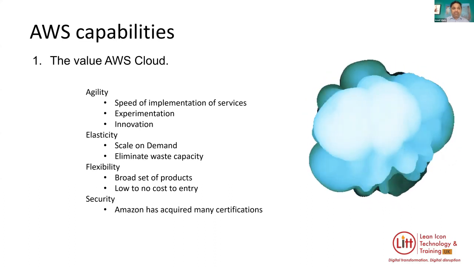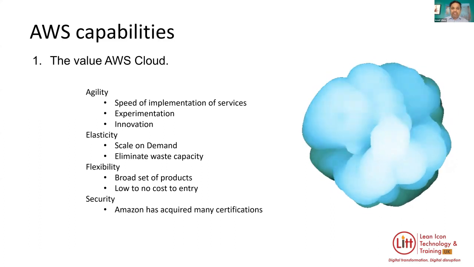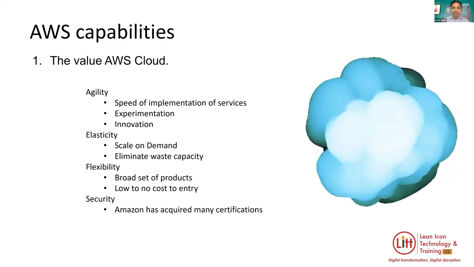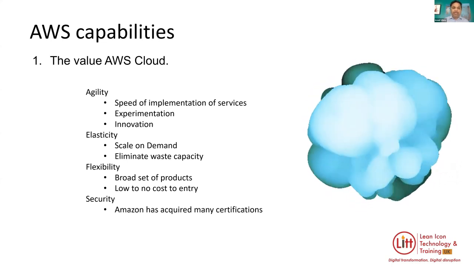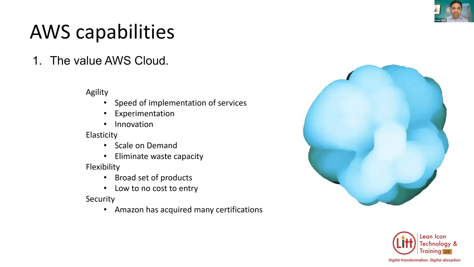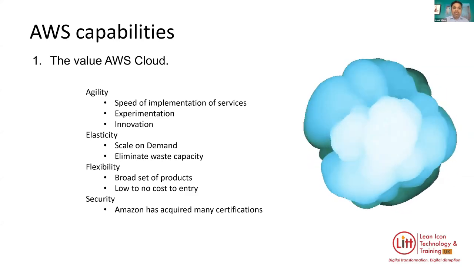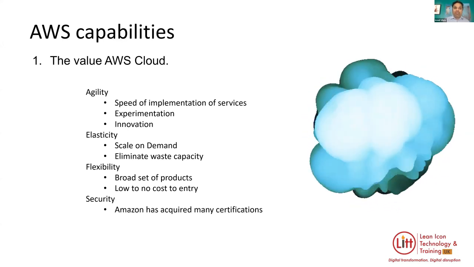Then comes security. With AWS, there is a lot of talk about how secure, not only AWS but in general, how secure this cloud is. I can assure you that the cloud is these days much more secure than on-premise.